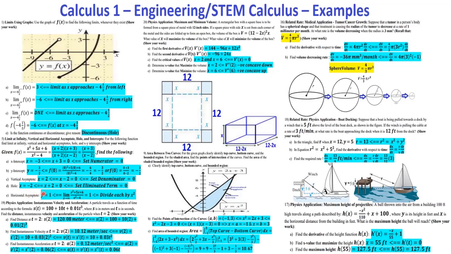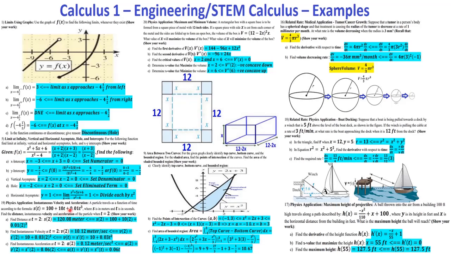So then the next example I have is a physics application in calculus. The distance formula is given: s of t equals 100 minus 10t plus 0.01t cubed.